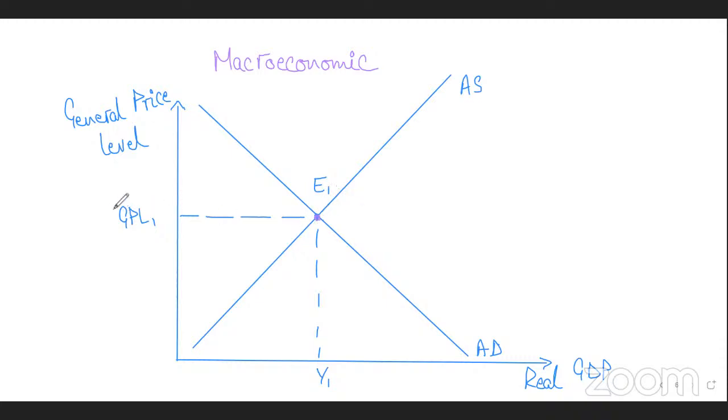It shows you the average price level and the total GDP that will be produced in that country at that point in time. Easy? Are we good on this? That is what we know from our AS. But now in A2, we'll look at it in a more systematic way.